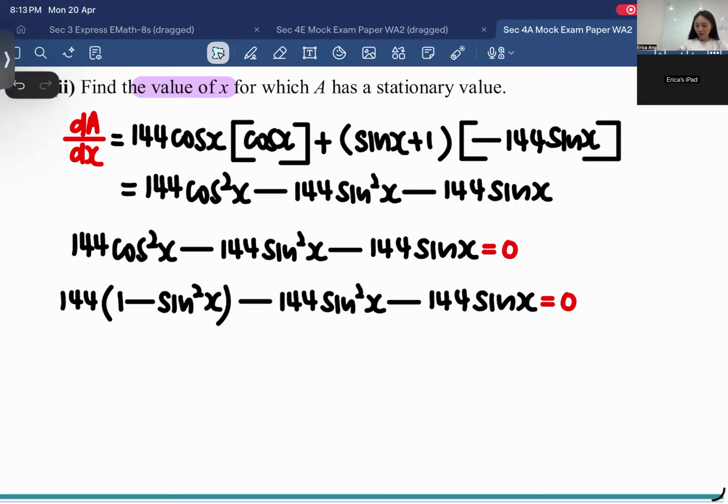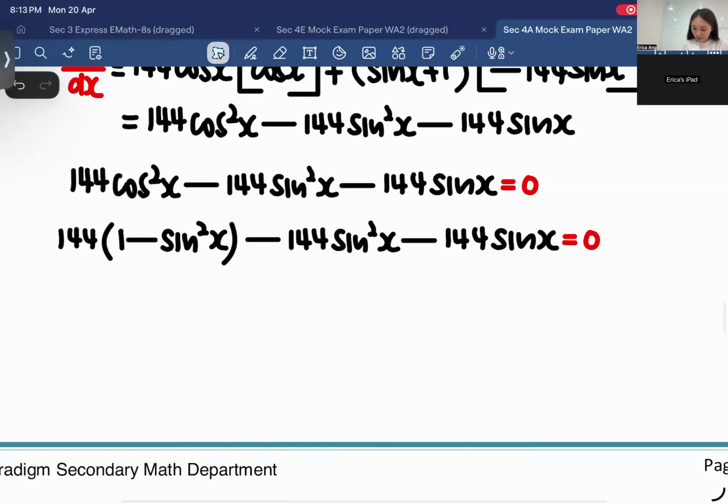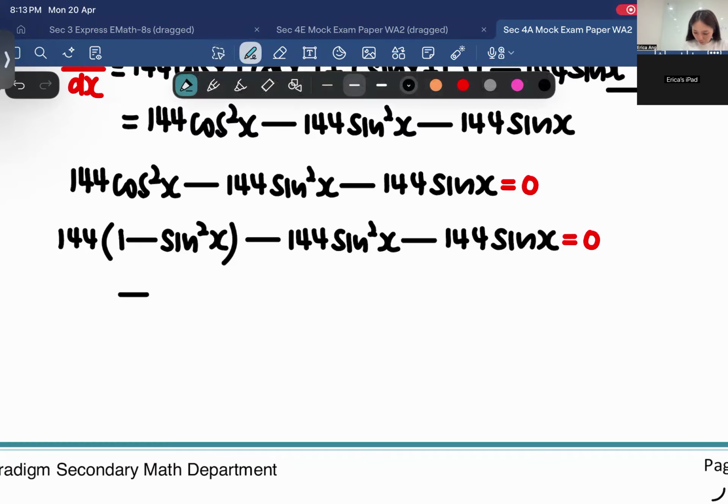Okay, Reese, what do you get when you expand everything? How many sine square? Okay, Rian, how many minus? Oh, nice job. Minus 288 sine square x. After that? Minus 144 sine x. Then the last one?